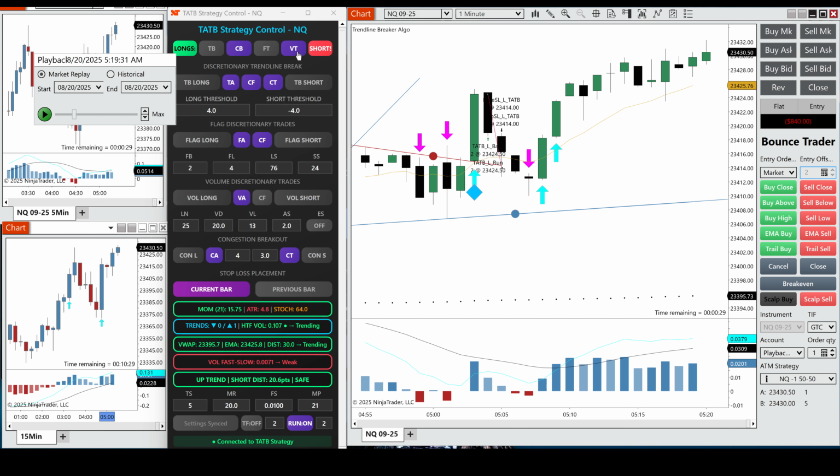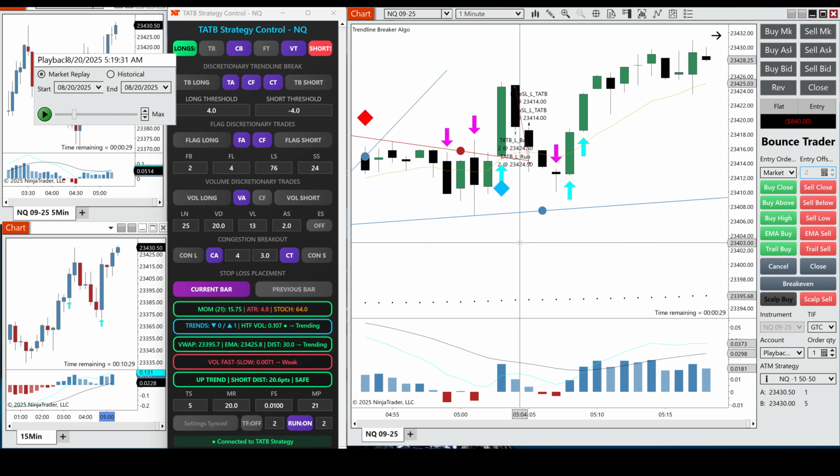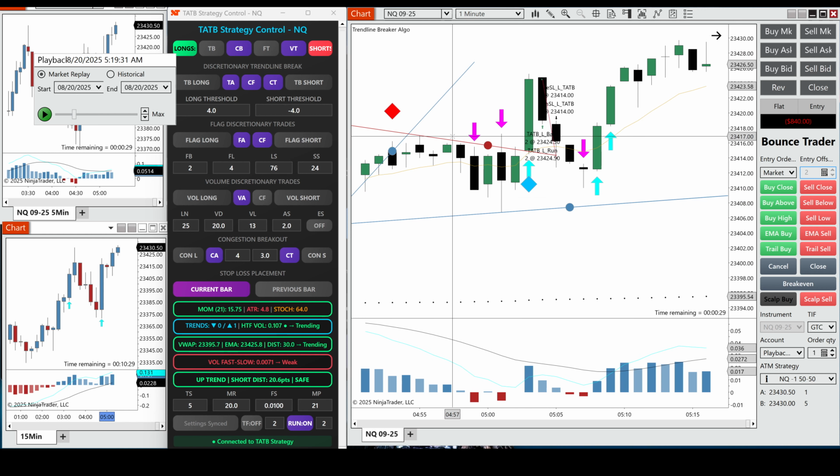So this was a VT, volume trade. The idea behind the volume trade, as I was able to put it in the documentation, is that it's a chop. Basically, a volume chop. When you think about it, what happens on this candle with a signal bar? We expect price to continue going down, but it obviously didn't.